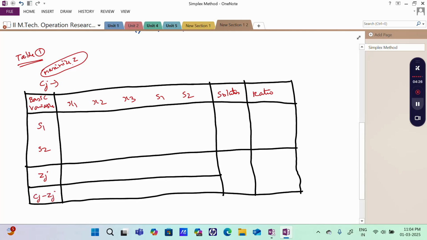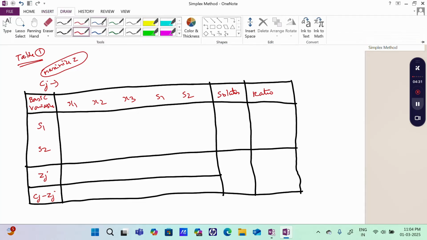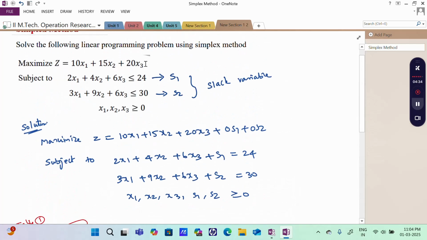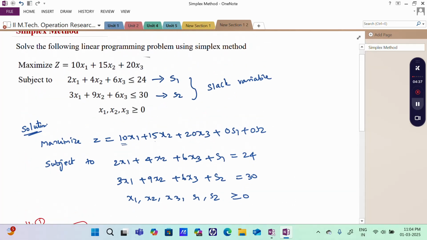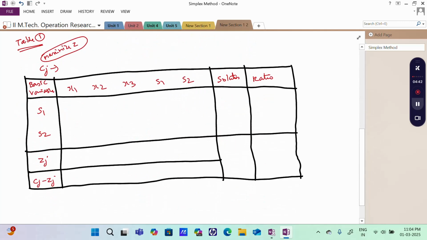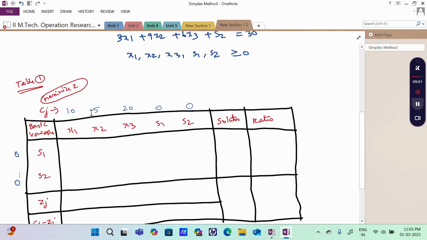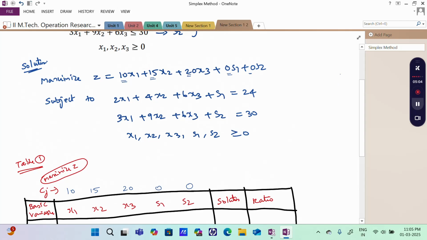Cj is nothing but the maximize z value: 10, 15, 20, 0, 0, and the values for s1 and s2 are 0, 0. Now to fill this table we use the subject constraints.